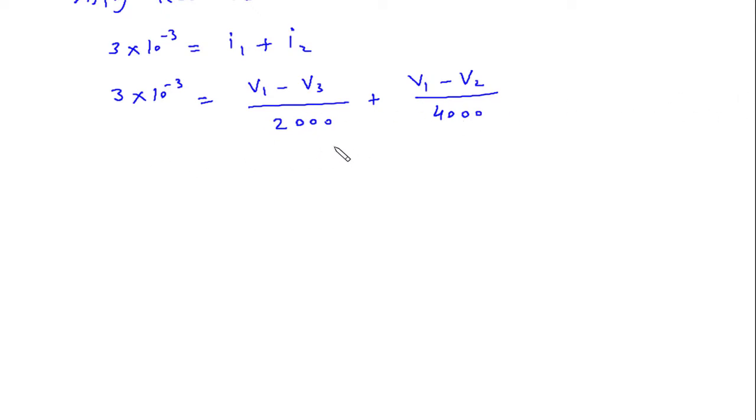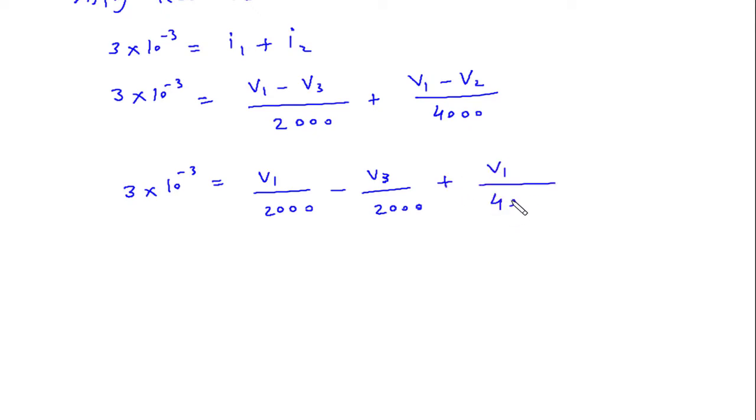Now if we simplify this, 3 into 10 raised to minus 3 is equal to V1 by 2000 minus V3 by 2000 plus V1 by 4000 minus V2 by 4000.